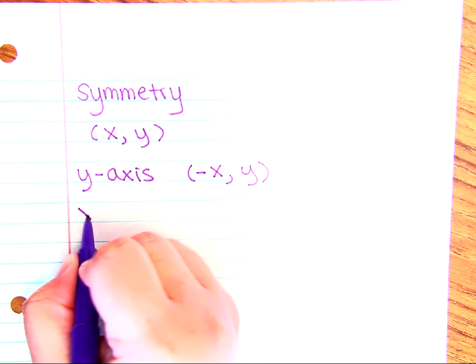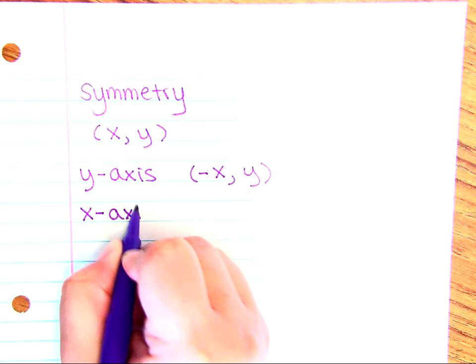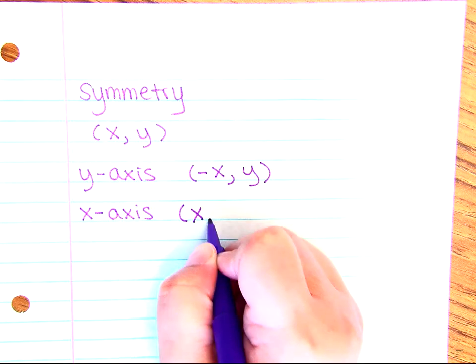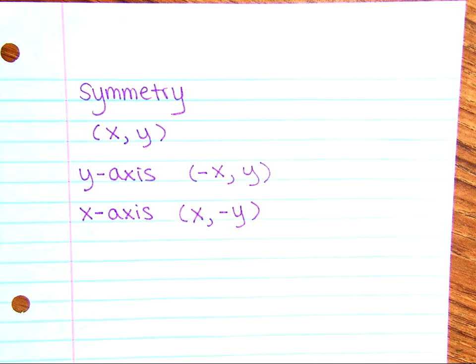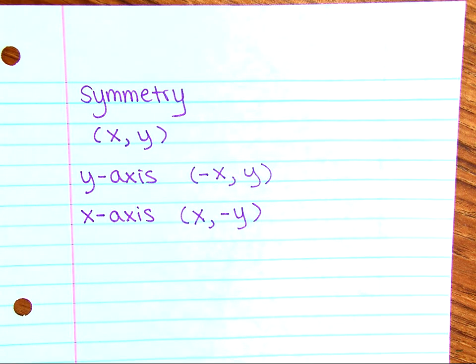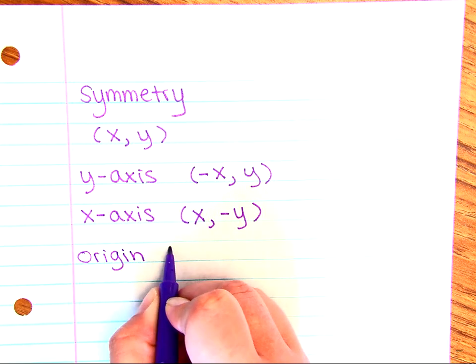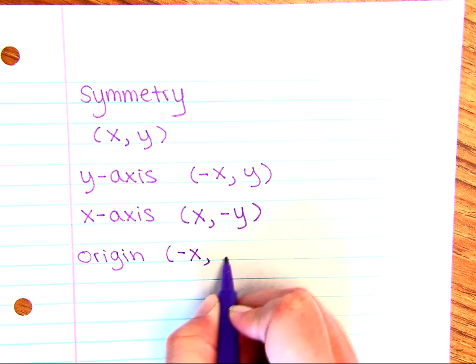In order to be symmetrical to the x-axis, the point x, opposite of y must be on the graph. And in order to be symmetrical to the origin, the point opposite of x, opposite of y must be on the graph.